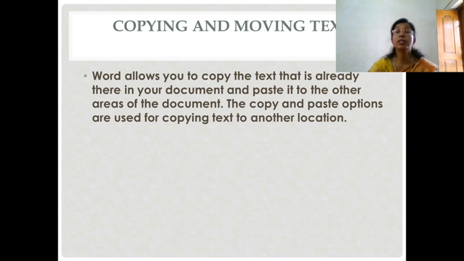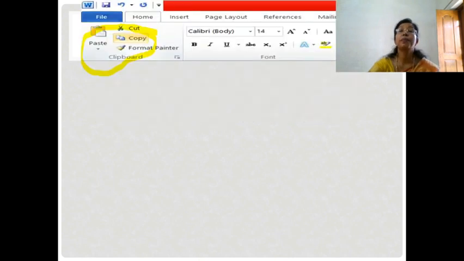It allows a part of the document to be copied to another location. The copied part of the document may be present in the same document or another document. So you can copy text from one place to another place.